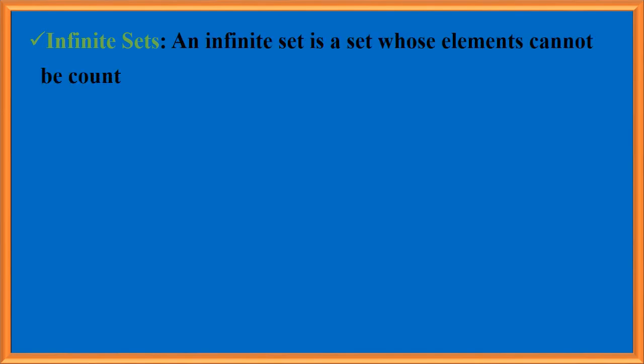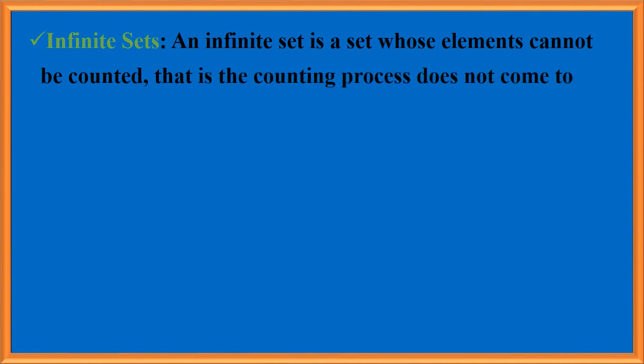We are going to look at the infinite set as another kind of set. An infinite set is a set whose elements cannot be counted. That is, the counting process does not end.